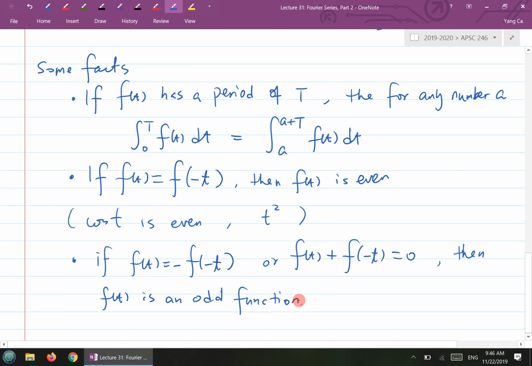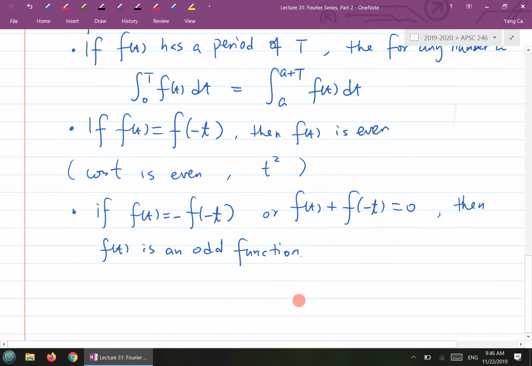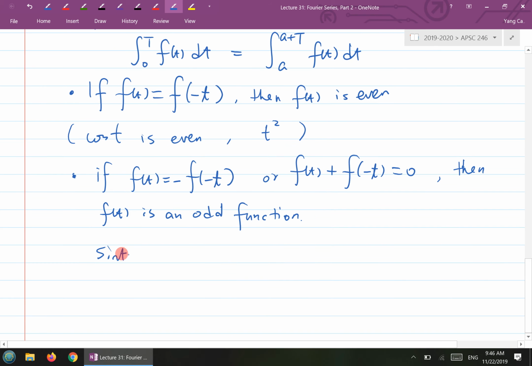An odd function means it's symmetric about the origin. So not symmetric about the y-axis, it's symmetric about the origin. And sine t is an odd function. If you plot sine t, this side is here, and then this side is here, so it's symmetric about the origin. So that's an odd function.